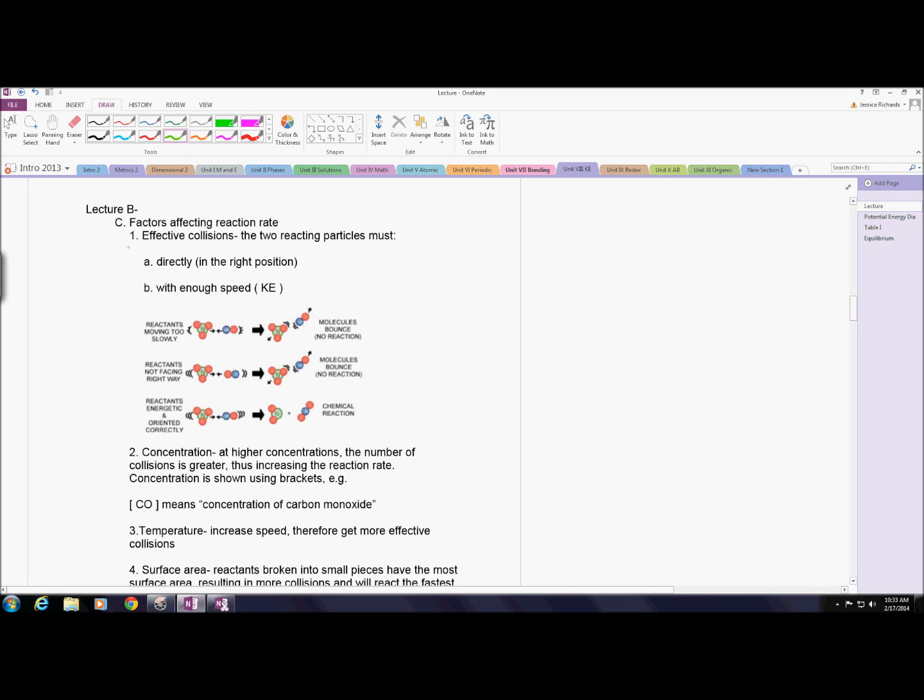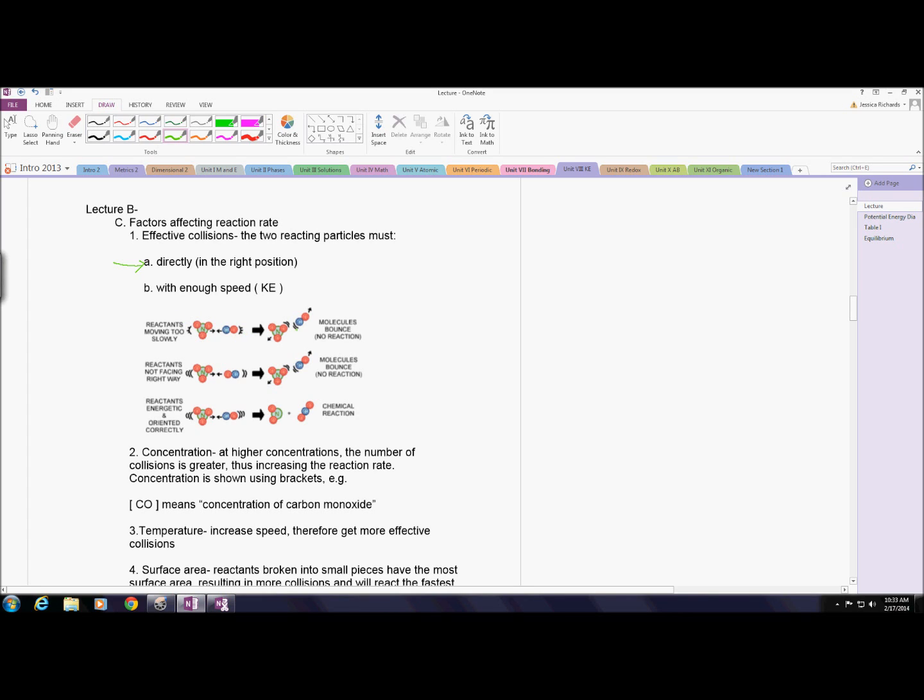So collision theory says that our particles are going to have to hit directly. And when they say directly, they mean in the right position for the reaction to happen, and with enough speed, because we said that in order to break the existing bonds, energy has to be absorbed. If they don't hit hard enough to create that activated complex where they're breaking the original bonds, you're not going to get a reaction.